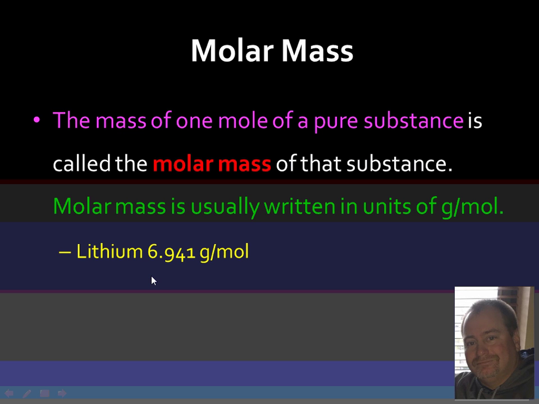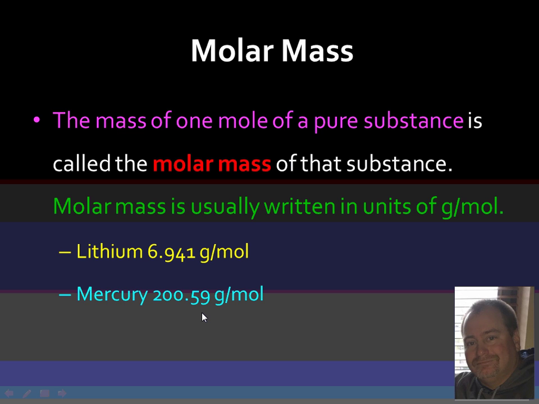Correct? Look up mercury. Mercury has the atomic number of 80. Okay, it's a transition metal. What does your periodic table say the atomic weight of mercury is? 200.59.